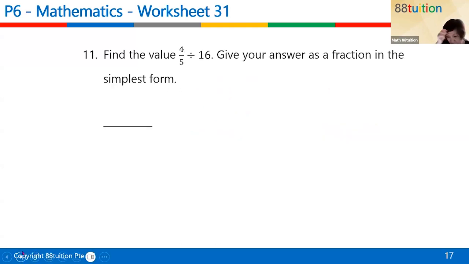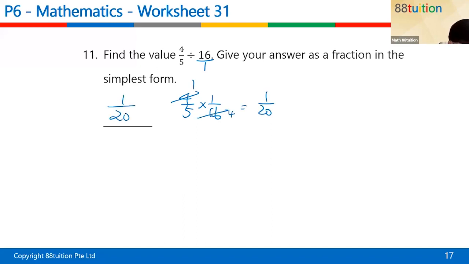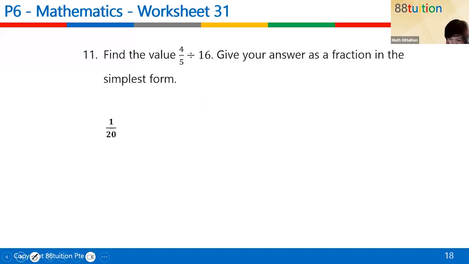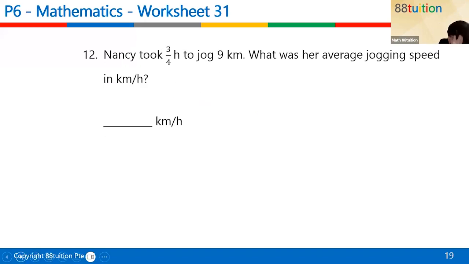Question number 11, over 1. I flip, change, flip. This one is the easiest. 1 out of 20. Nancy took 3/4 hours to jog 9 kilometers and he wants to find his jogging speed in kilometers per hour.